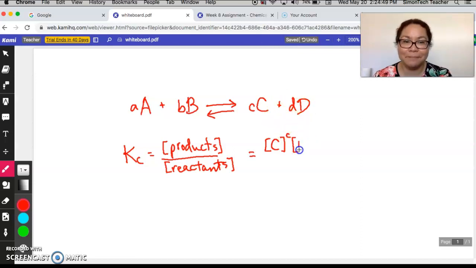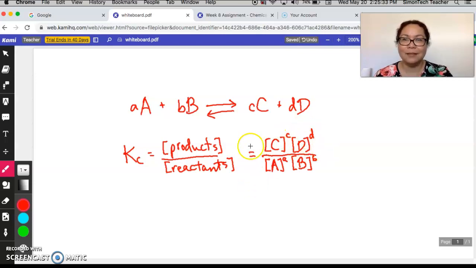And to the power of the coefficient for that one, that would be the little d, over the concentrations of the reactants. We have chemical A raised to the power of its coefficient, the little a right there, times chemical B raised to the power of whatever coefficient that is. And obviously, if these coefficients are 1, you won't be seeing those numbers, and you won't be putting those numbers there. It is just assumed that if there is no number, it is a 1.